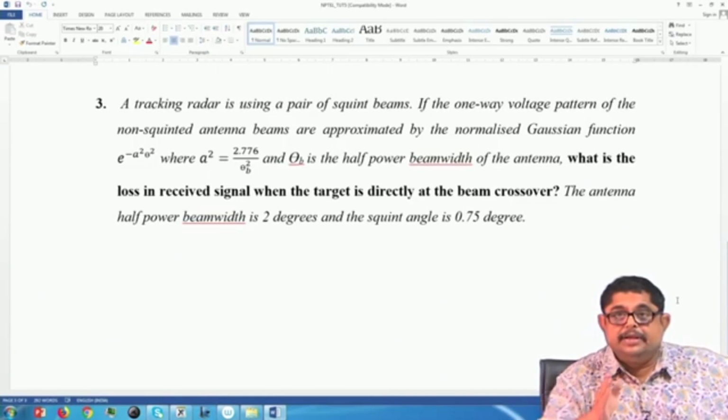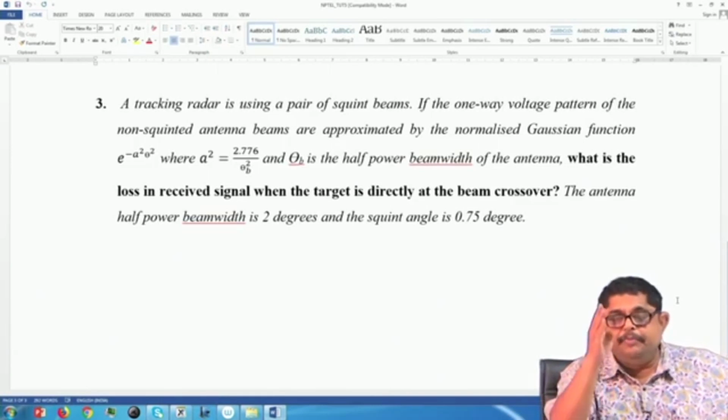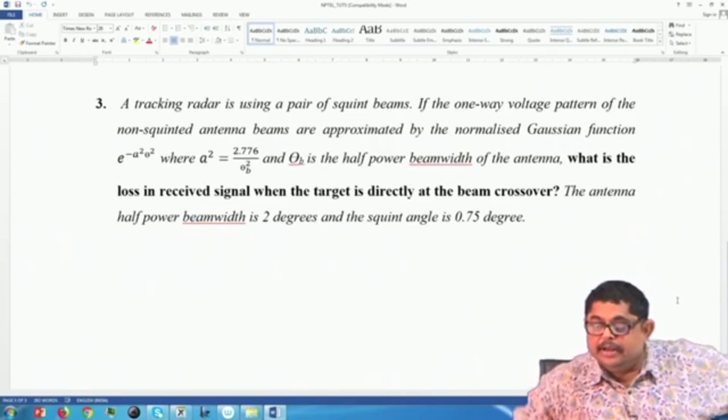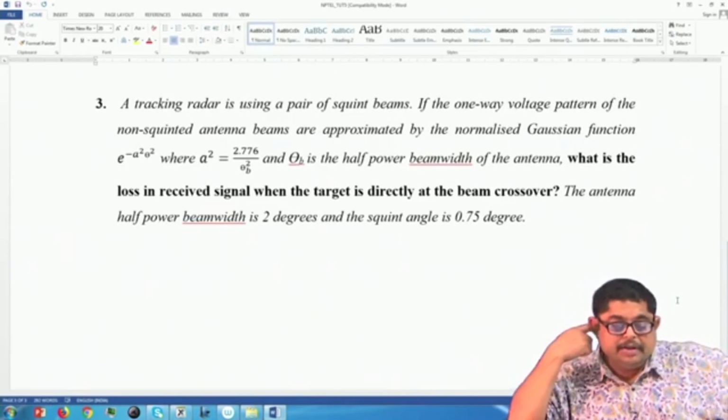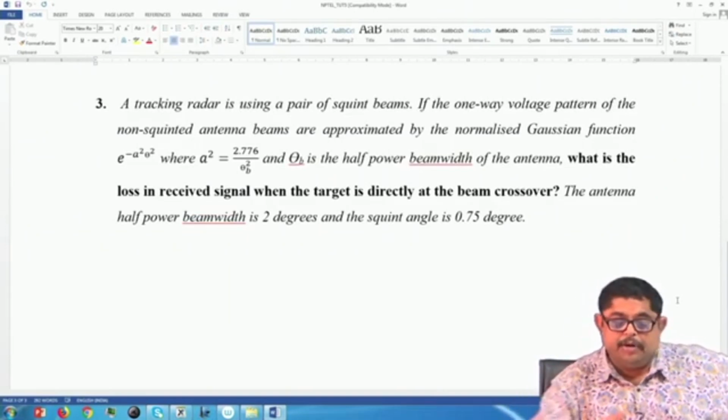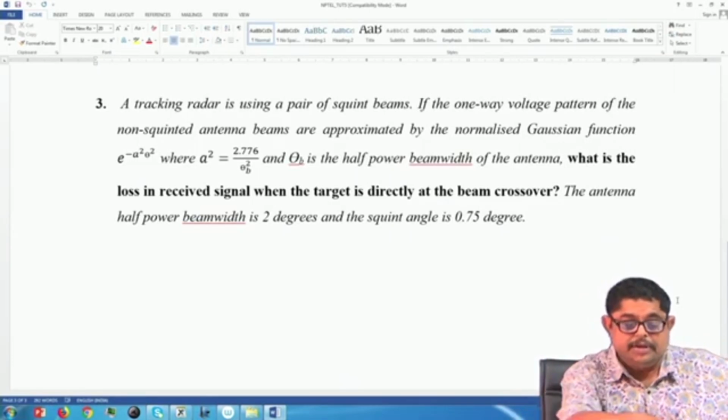crossover? We have said that since we are having a squint beam, when the target is at the beam crossover, there is an attenuation of the signal. So, that we will calculate now. The antenna half power beam width is 2 degrees and the squint angle is 0.75 degree.